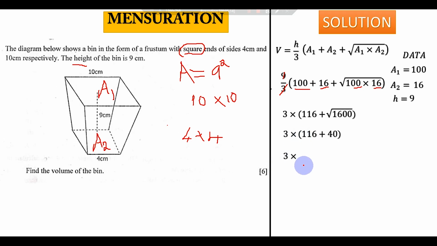So the 3 comes, then inside the brackets, if we add 116 plus 40, we have 156. This is the only time when you can multiply with the number outside the brackets, which will give us what? Good, 468 centimeters cubed. This is the volume for the frustum of this pyramid, the volume of this bin, since it is in the form of a frustum of a pyramid.